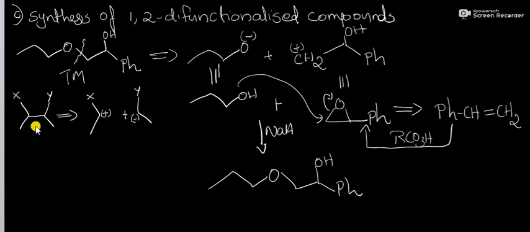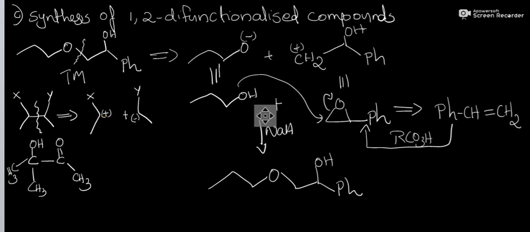For example, if this is our target molecule, whether X equals Y or X not equal to Y, it can be disconnected like this and we get two synthons, and find the corresponding synthetic equivalents for the formation of these synthons.